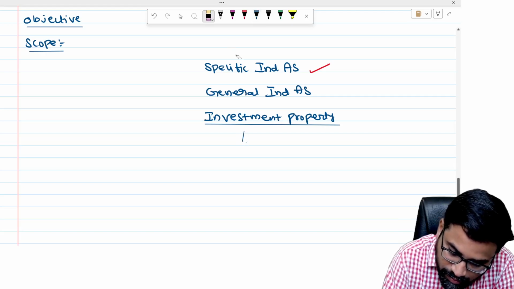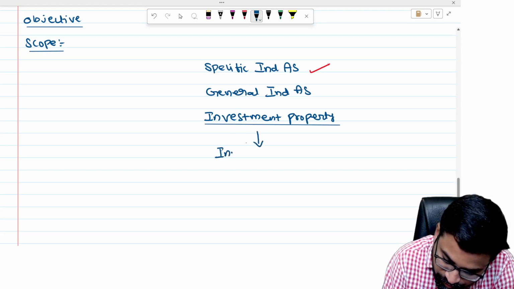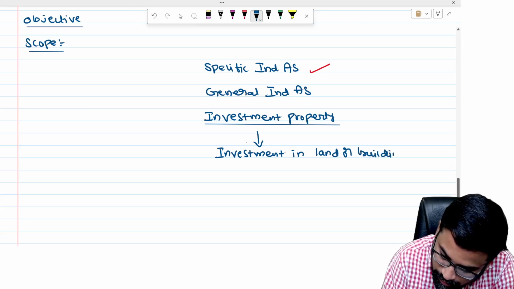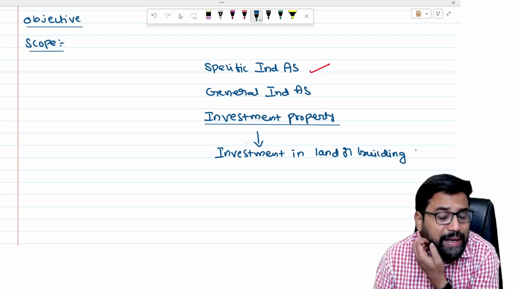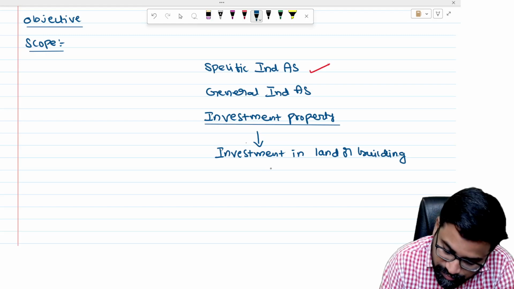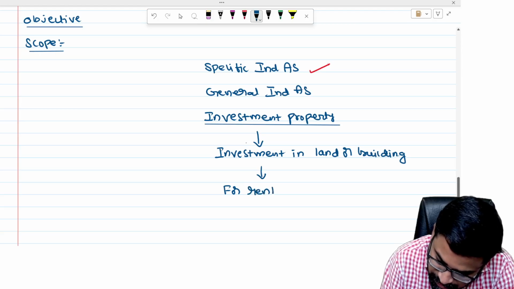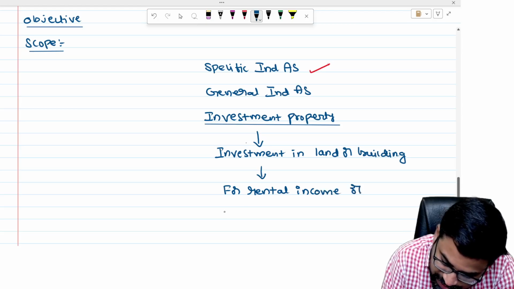Why do you purchase land or building? For rental income or capital appreciation.